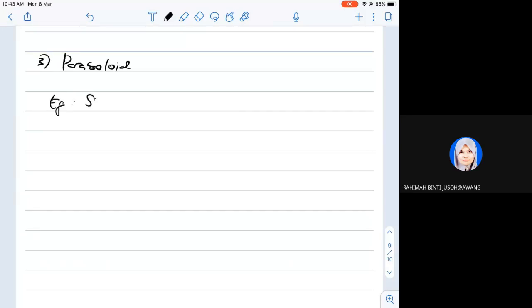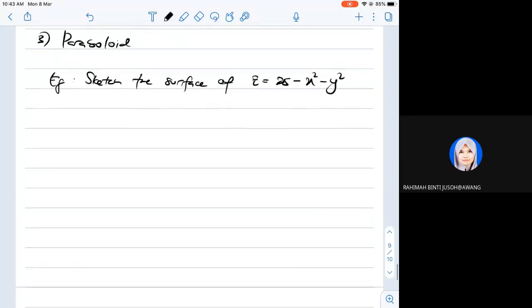Example, sketch the surface of, let's say, Z equals to 25 minus x squared minus y squared. Okay, sketch the surface of Z equals to 25 minus x squared minus y squared.